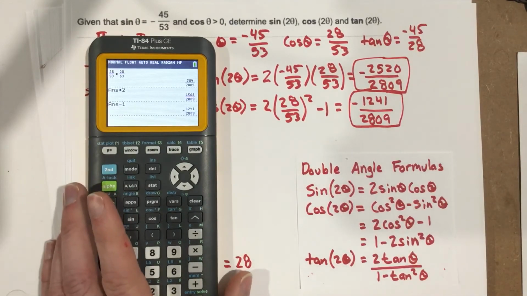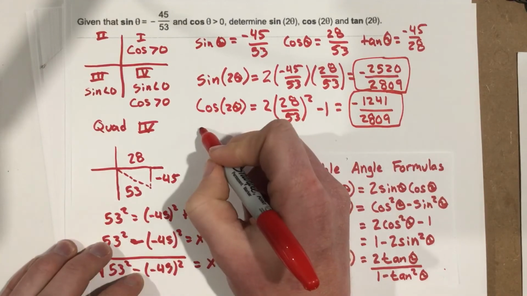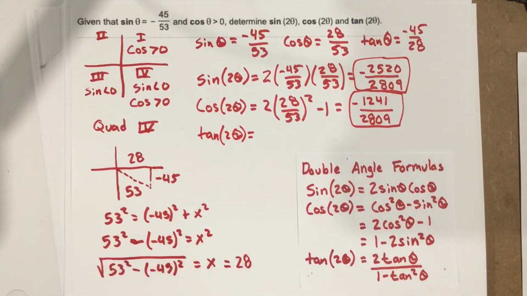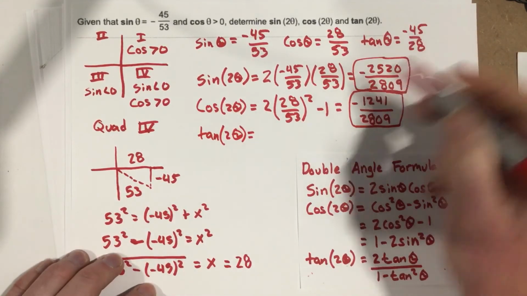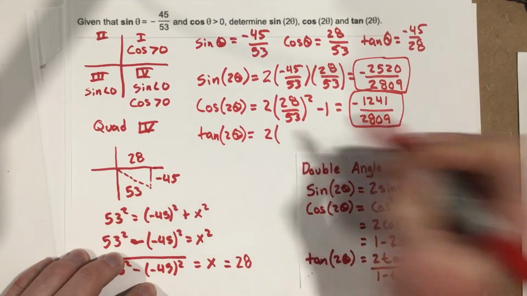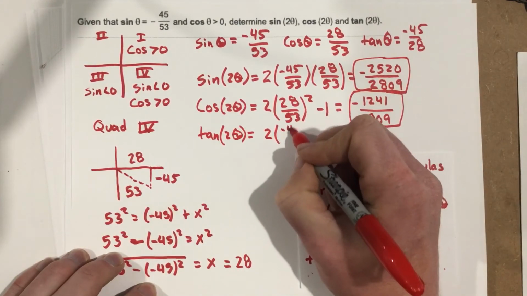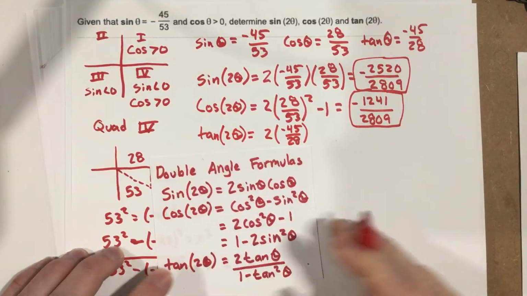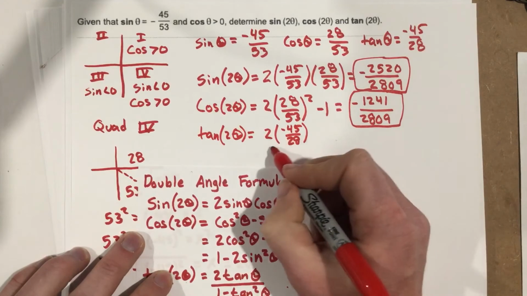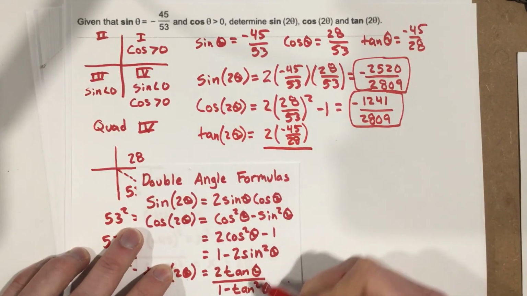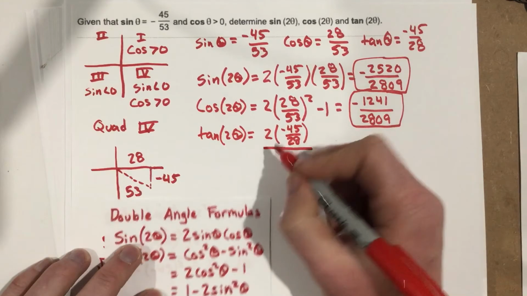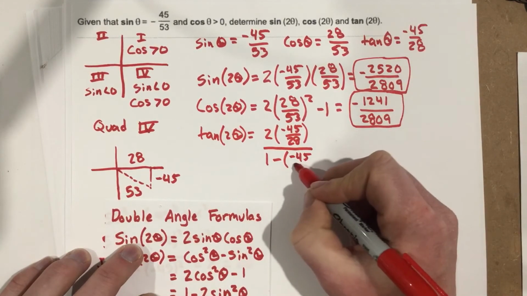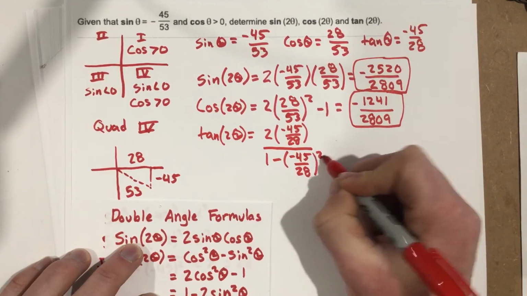And finally, let's use tangent 2 theta. So tangent of 2 theta is equal to 2 tan theta, where tan theta is negative 45 over 28, over 1 minus tangent squared. So 2 times tan theta, negative 45 over 28, and then 1 minus tangent squared, which would be negative 45 over 28 squared.